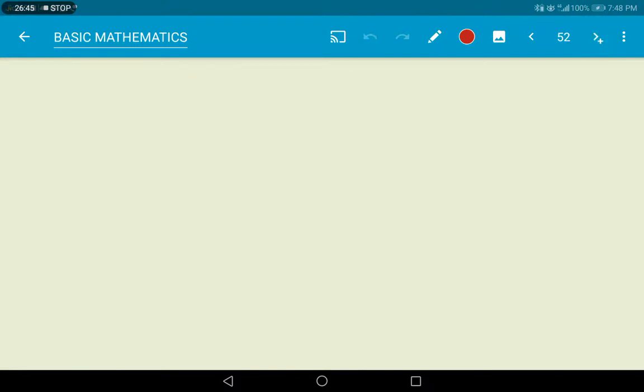Suppose they are asking the value of tan 135. So tan 135, how can we write? Tan of 90 plus 45. Sir, we can write like this also, tan of 180 minus 45. Yes, we can write in this way also. So which quadrant? Second quadrant. Both the angles are in the second quadrant only.